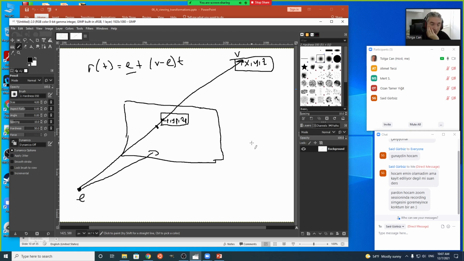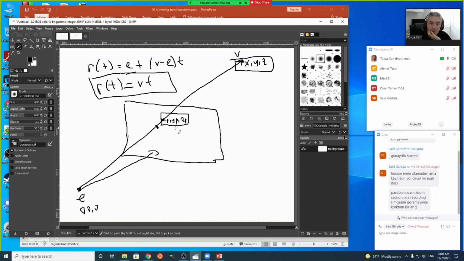Because at this point, while we're working on projection transformation, we can assume that the camera transformation has already been performed. So this point E is now at my new 0, 0, 0. So from 0, 0, 0 to this vertex V, my ray equation R(t) is simply equal to V times t, because E is 0. Therefore this is my ray equation, whatever the vertex coordinates are.